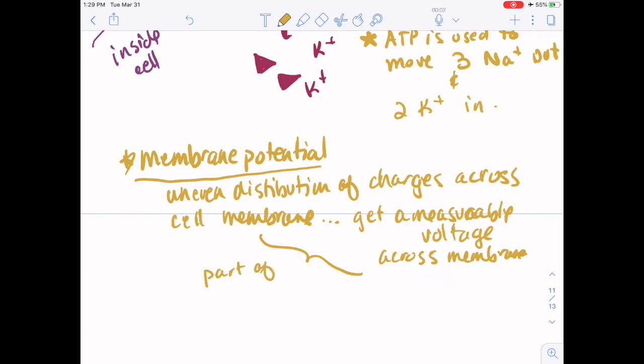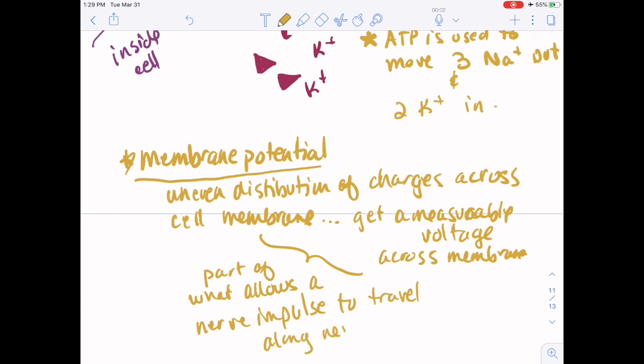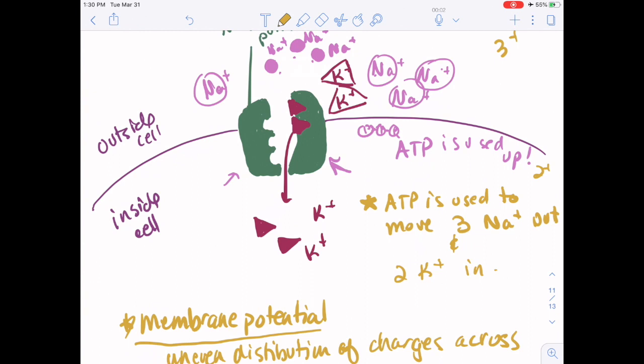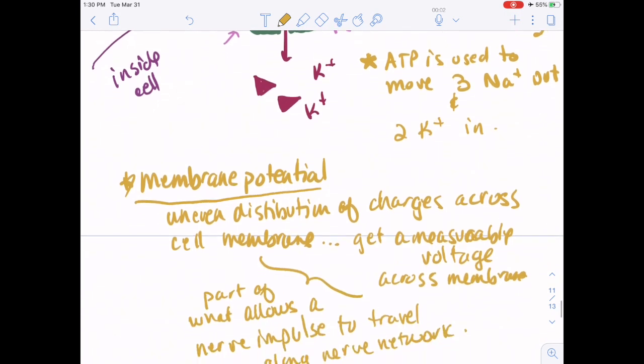So this is part of what allows a nerve impulse to travel along a nerve network. Just thought I'd throw that extra tidbit in there for you, for anybody who noticed, like, wait a minute, this isn't even. Pumping 3 positively charged particles out and only 2 positively charged particles back in. Yep, it contributes to something called membrane potential. Very interesting stuff.